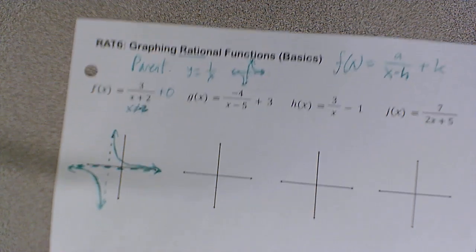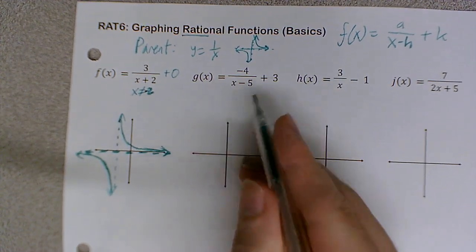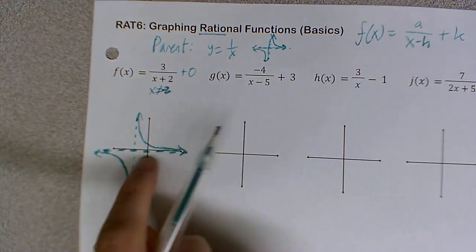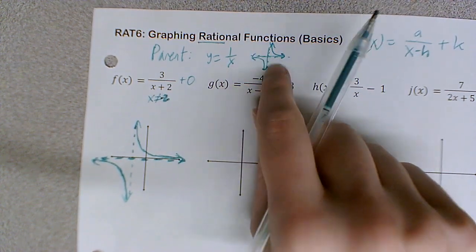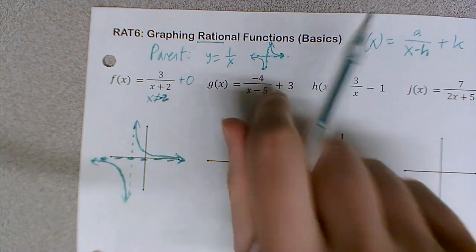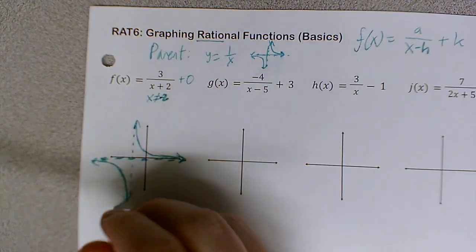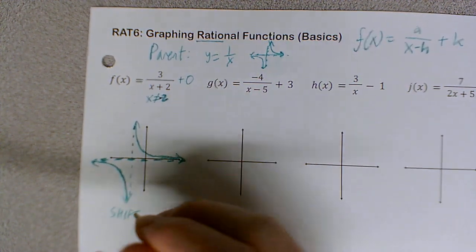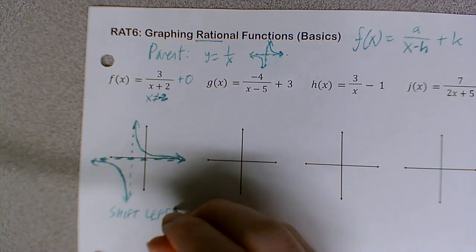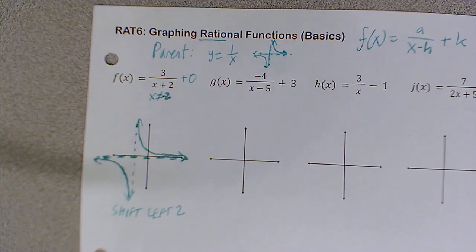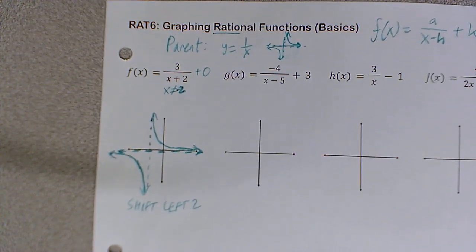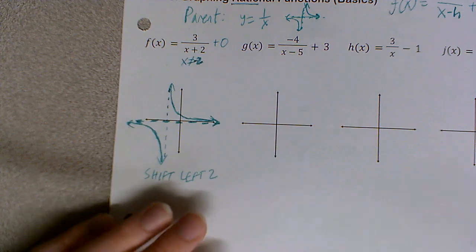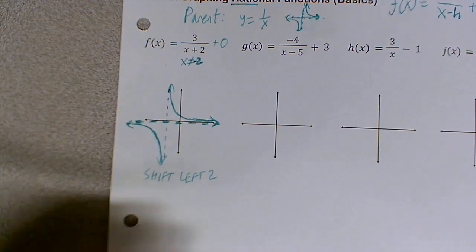So if we were to describe the transformations of this function away from its parent, we'll say that it's shifted left because the vertical asymptote is no longer in the middle. The horizontal asymptote is still on the x-axis, but the vertical asymptote is no longer on the y-axis, so it's shifted left. It's not shifted up or down because the horizontal asymptote is still at the x-axis. So for transformations, we can tell which way it's shifted by where the asymptotes are.